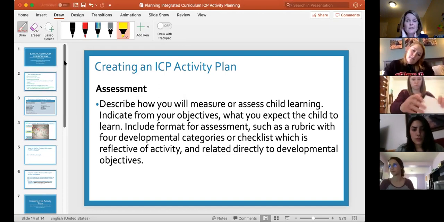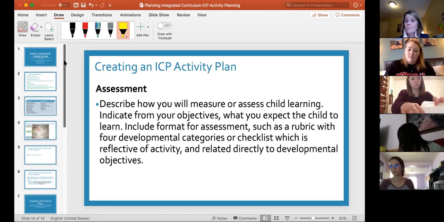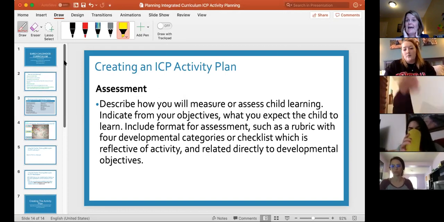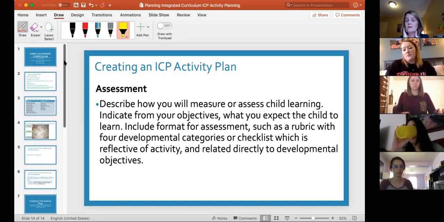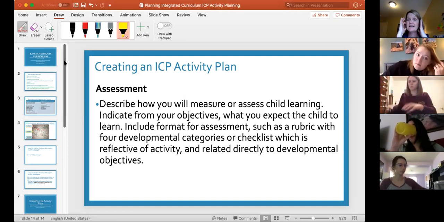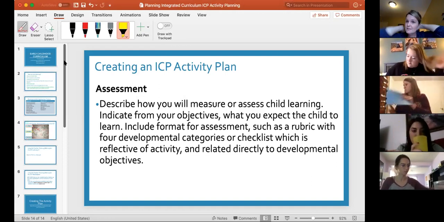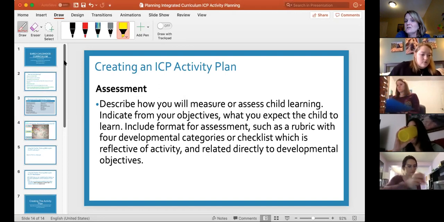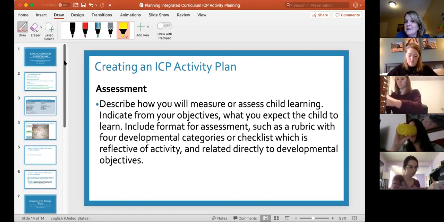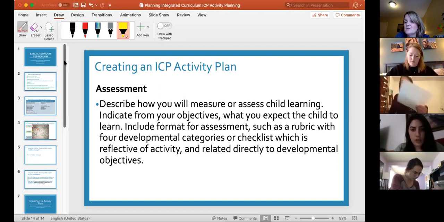Also, next Wednesday, we don't really have any particular planned implementation, but I would strongly advise you to find an informational text on your topic, and you can just read a book. Enjoy reading a book with your children on your topic.